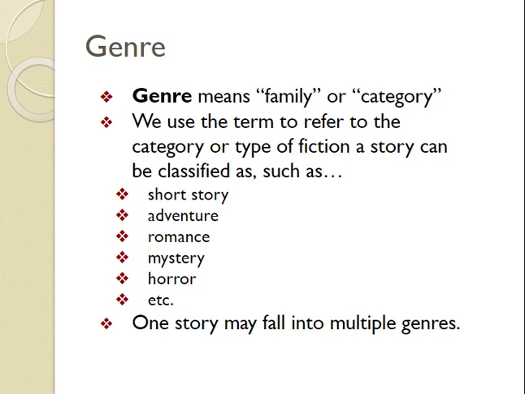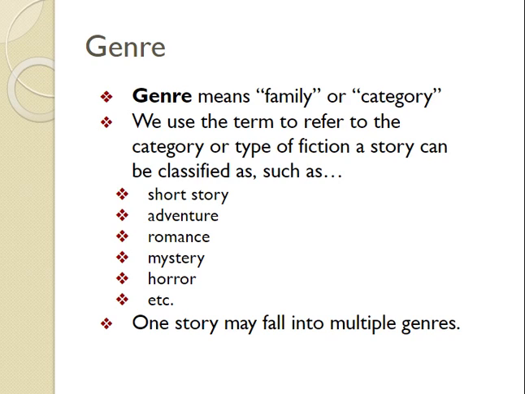And very often, just like you may belong to multiple family groupings, works of literature can be categorized into different families or genres. So you can say, if it's only a few pages long, it's a short story, but it might be an adventure short story, or it might be a love short story. So any of those categories that more than one work of fiction can be fitted into, those are genres.